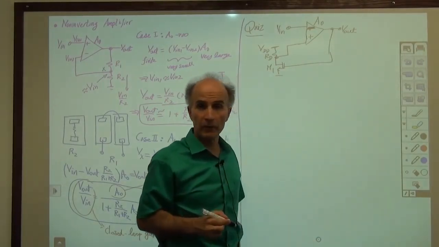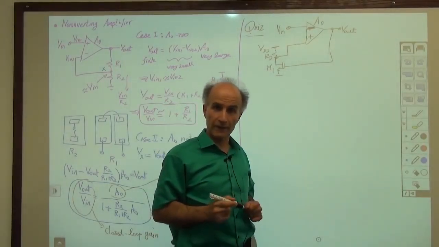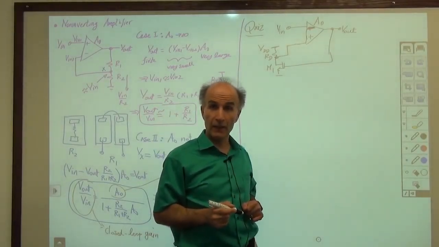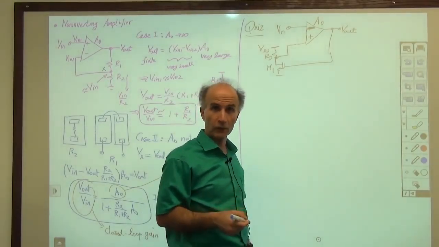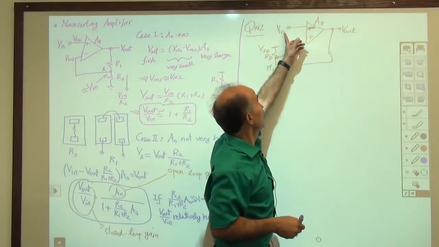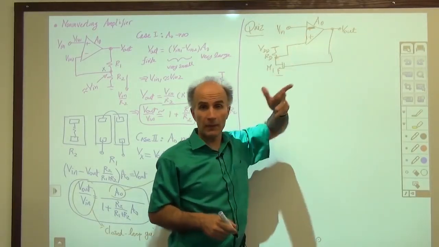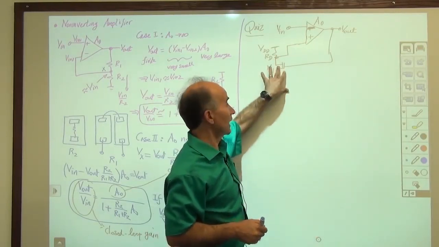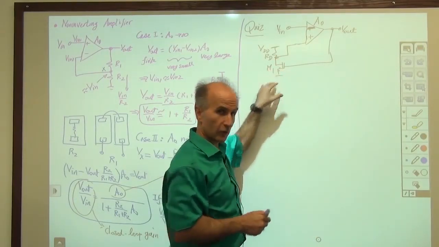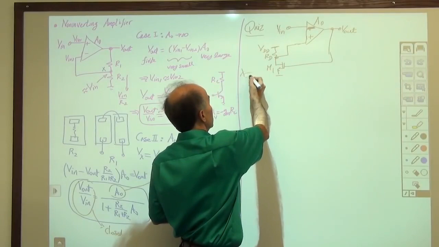So you go for a job interview, and they give you a circuit like this. And they say, assume A0 is very high. All right? And we would like you to find the gain from V in to V out. So V out over V in, how much is the voltage gain? I'll give you 90 seconds to think about it. You can assume channel length modulation is negligible. So lambda is 0.